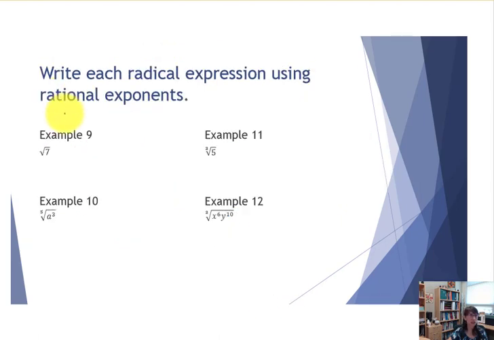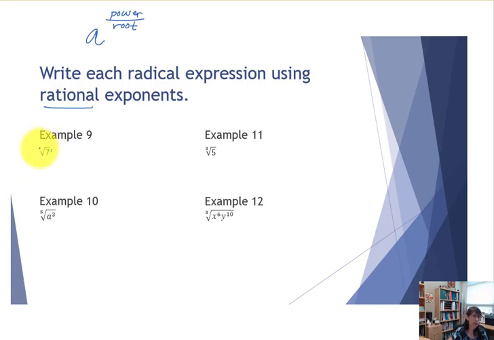Now for these last 4 examples, we're going to write each of the radical expressions using rational exponents. So we're still thinking of our base of a raised to some power divided by some root. Right now, the number 7, it doesn't look like any power is written, so that's really power of 1.